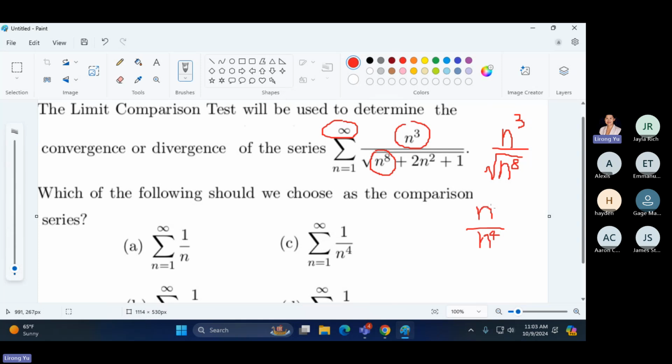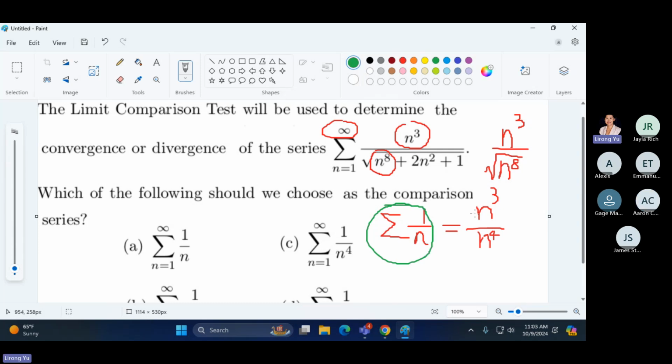The numerator is n to the power 3, and this simplifies to 1 over n. So what we are comparing this to, we can't forget the summation notation, is the summation of 1 over n. This is slightly smaller than 1 over n, but not smaller enough to make a difference. So this is divergent, and that's why the original is also divergent, because they're comparable.